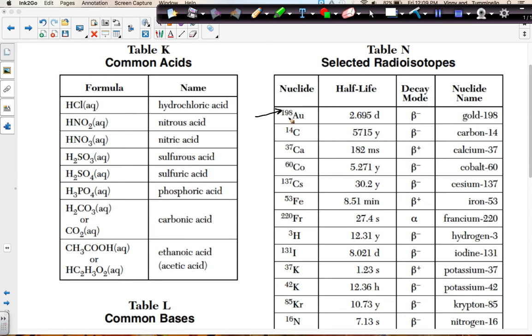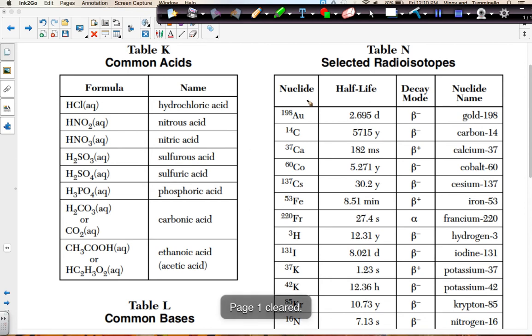Remember that the atomic number comes from the periodic table or Table S. When we find gold on the periodic table, its atomic number is 79, and that doesn't need to be given to us because we can always find the atomic number for an element on the periodic table.